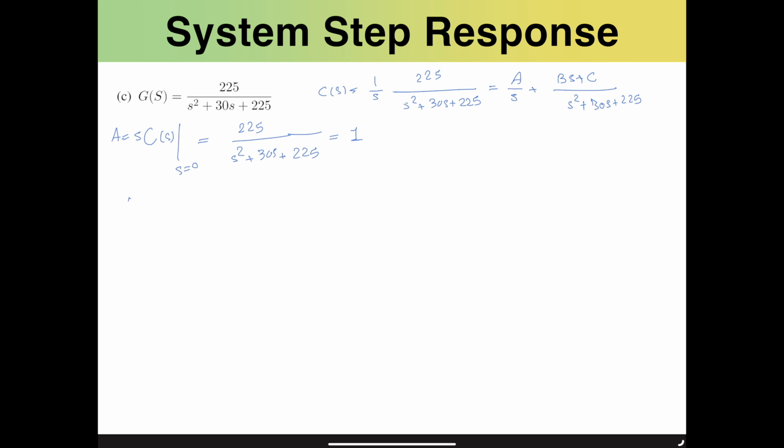So it means that (bs + c) divided by (s² + 30s + 225) is going to be 225 divided by s times this root, minus 1 over s.